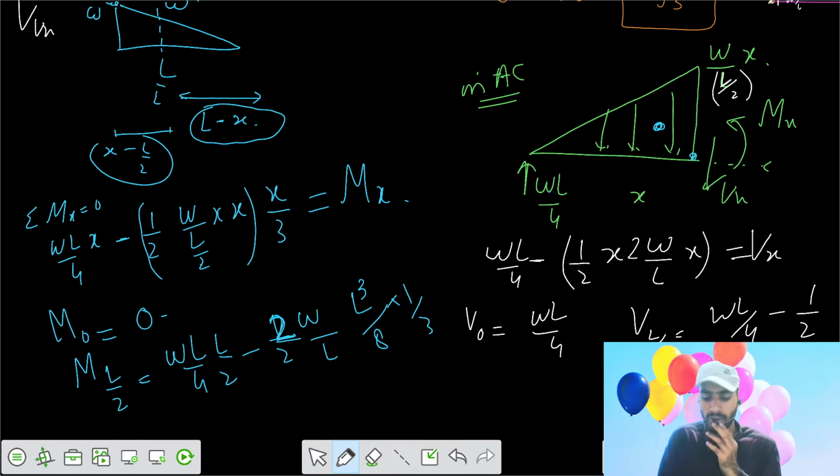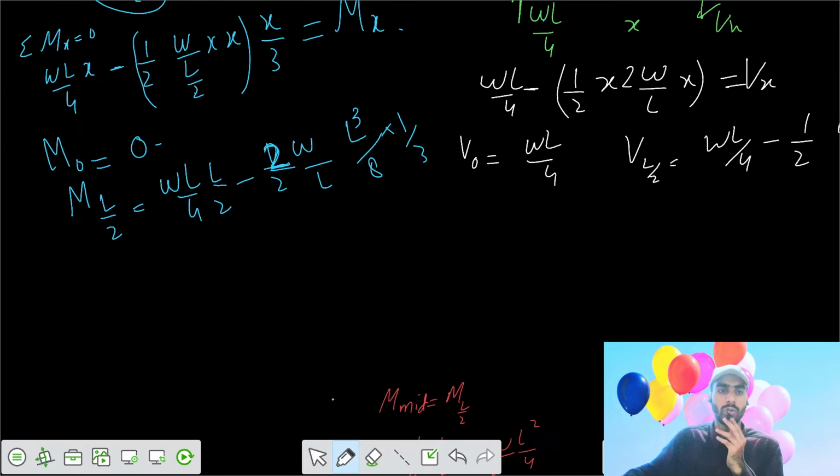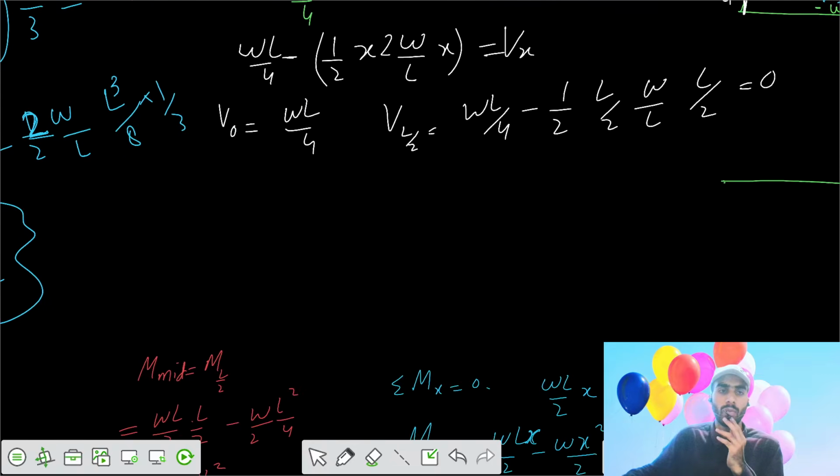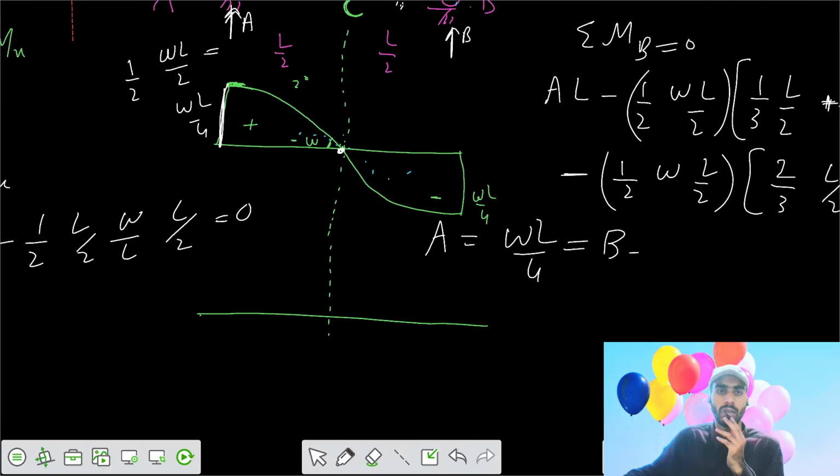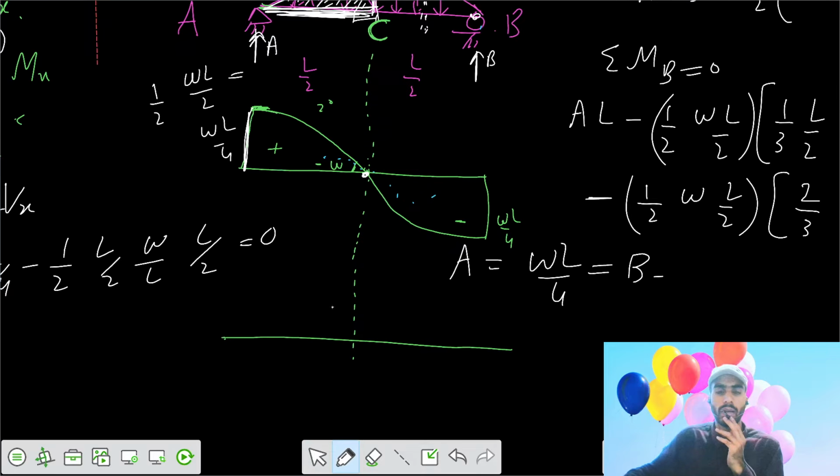Once you calculate that, you say 1/8 minus 1/24, you can get WL squared by 12. So this is your next result, that moment at the midspan equals WL squared by 8.